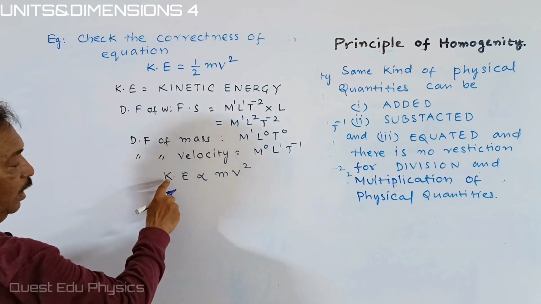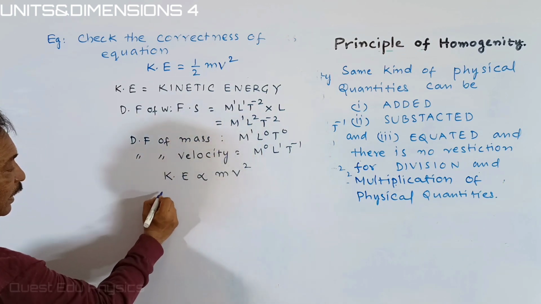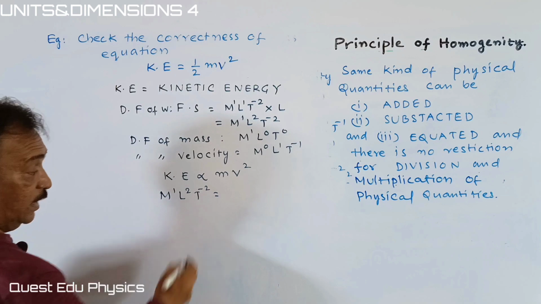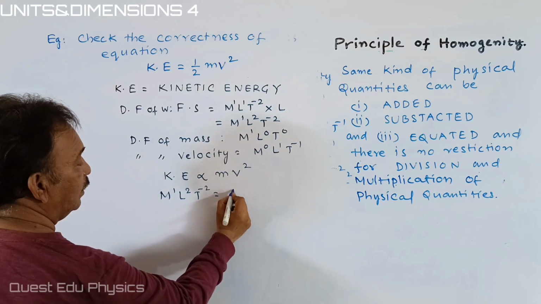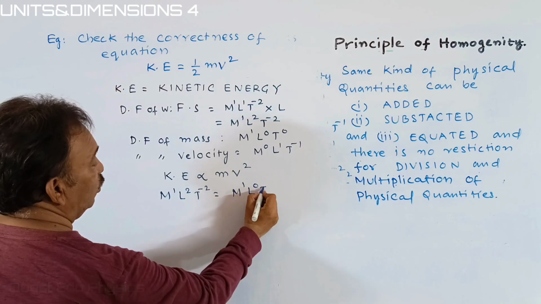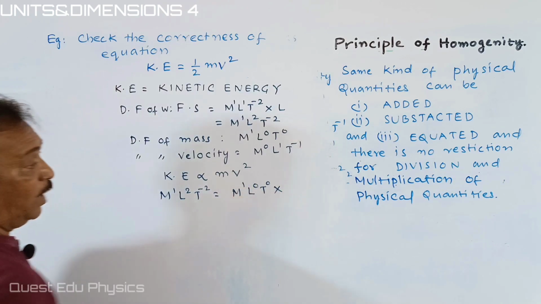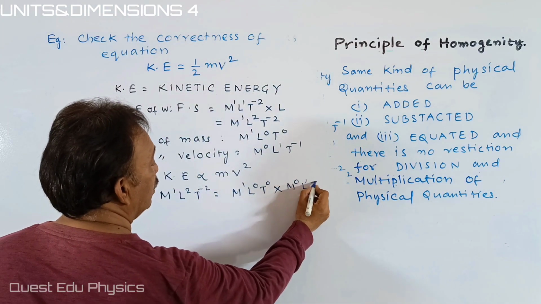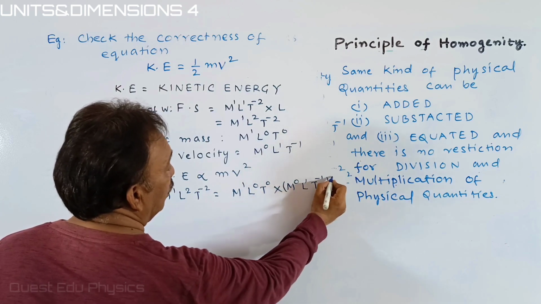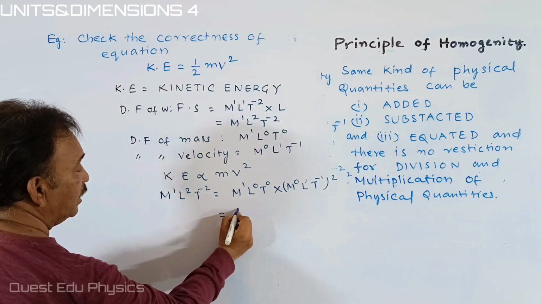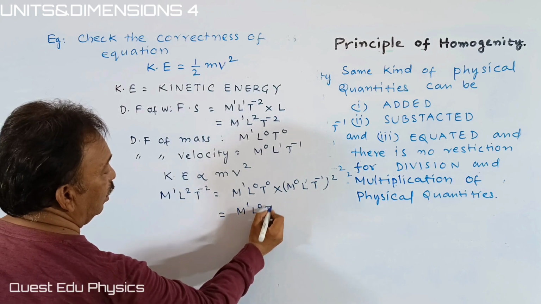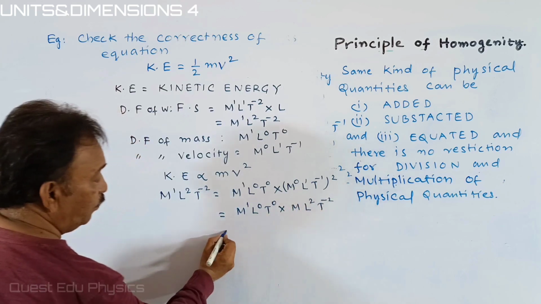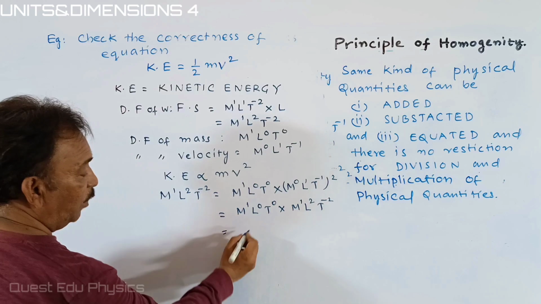The kinetic energy has the dimensional formula of M1, L2, T inverse 2 is equal to, for mass, M1, L0, T0 multiplied with V square, the square of the velocity, M0, L1, T inverse squared. It can be written as M1, L0, T0 multiplied with M0, L2, T inverse 2. Then the bases are the same, so we have to add the powers.